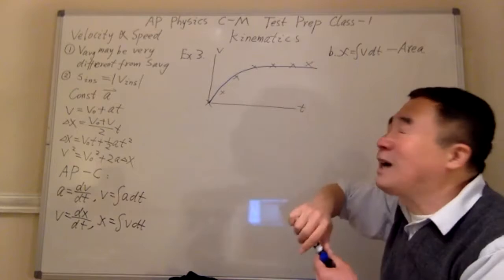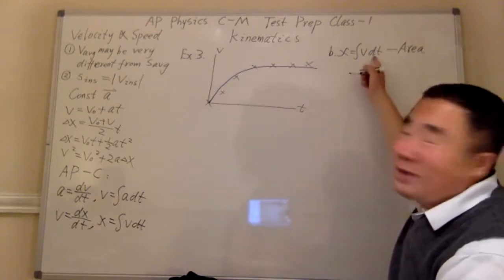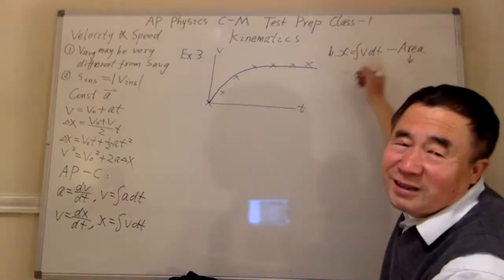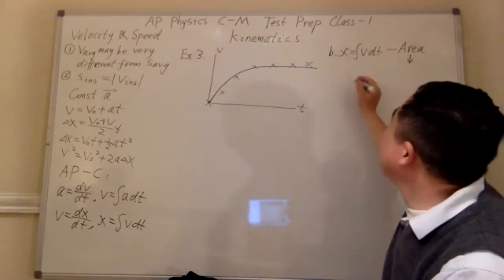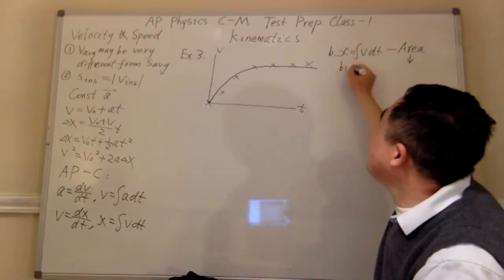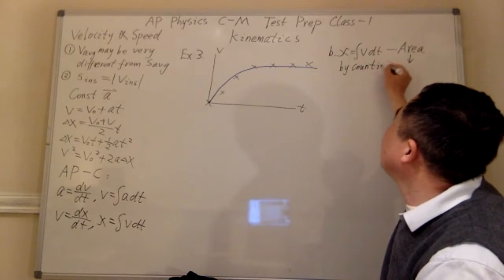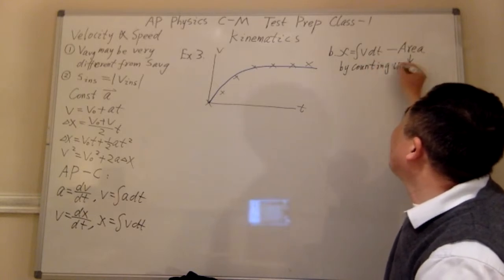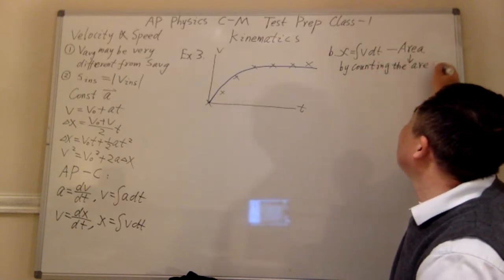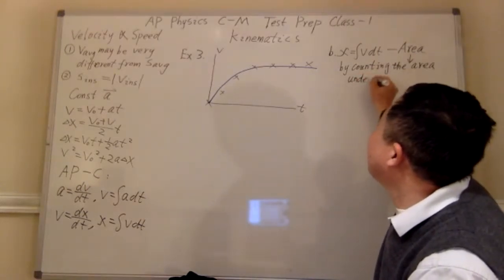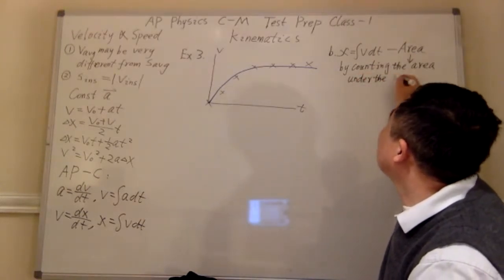You can use a computer to do that, but if there is no function, you need to calculate the area. You count the area under the graph. You tell them you can do it by counting the area under the graph.